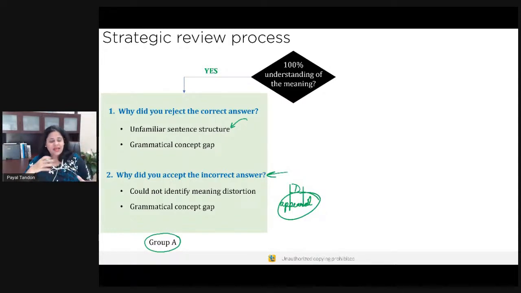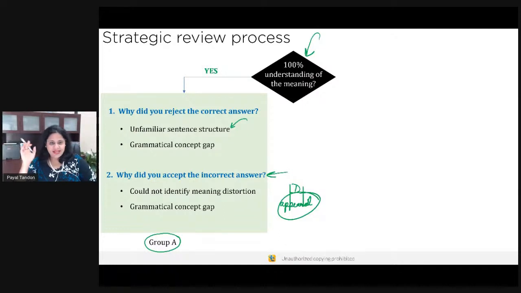So again, this is the kind of analysis that you need to do if you have determined that you had 100% understanding of the meaning. Is this point clear? And we'll get to the next spectrum as well. If you didn't have 100% understanding of the meaning, then we'll get to what is the error log entry that you need to do there.